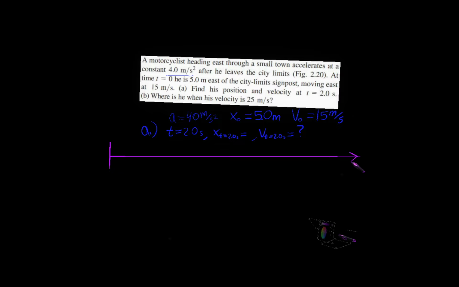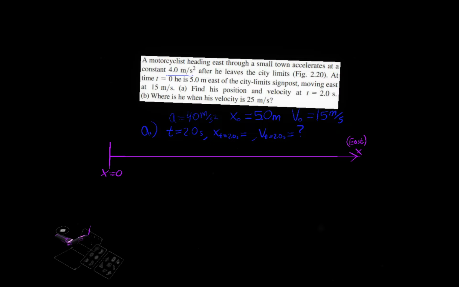This is x, which is also east. It's notable because velocity is a vector, so we are given that direction. So this is x equals 0.